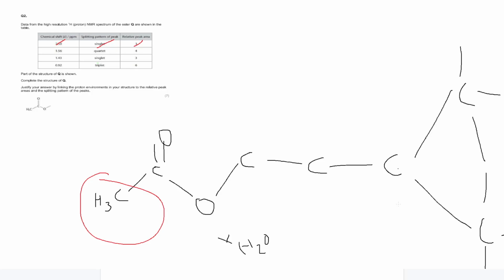But I'm wondering how something with a relative peak area of 6 can be bonded to something with 2 hydrogens on. It's very interesting. How is that possible, actually?